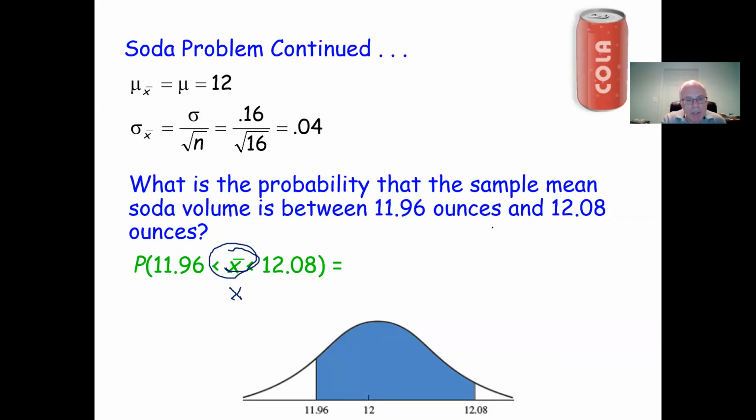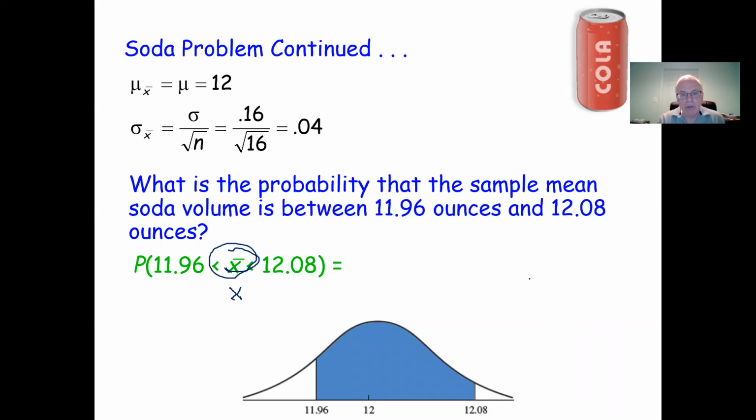So before we would say we selected one person or one can from the population, what's the probability that its soda content is between 11.96 and 12.08 ounces? We would have used X here because it's for one can. But here, we're putting X bar here. We're saying, what's the probability that the mean of the sample, the mean of those 16 cans, is between these two values? It's a different question.